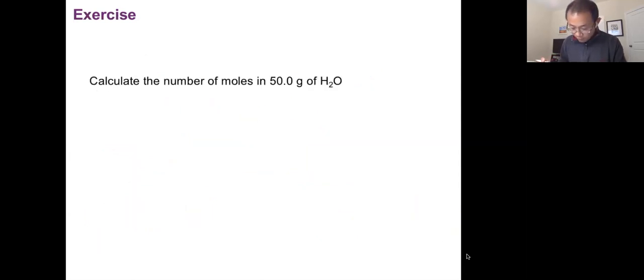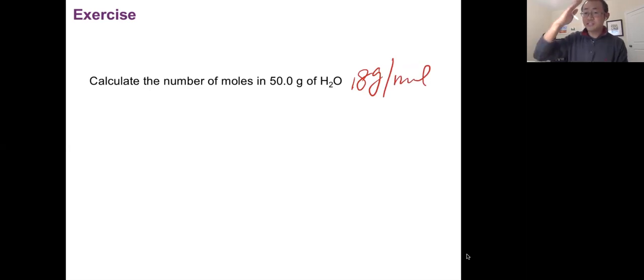Calculate the number of moles in 50 grams of water. Water, formula mass 18. So that means the molar mass is 18 grams per mole. So I have two conversion factors, 18 grams over 1 mole or 1 mole over 18 grams.